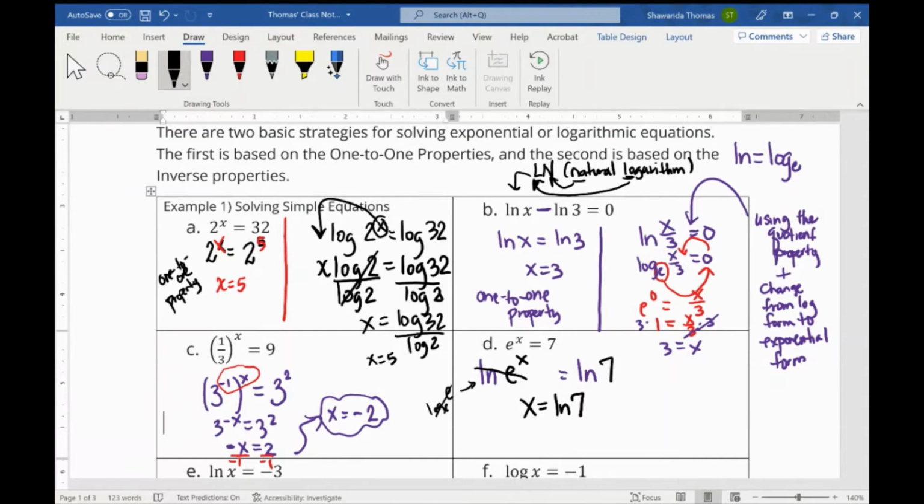Now, if the problem does not specify to approximate this solution to decimal places, you could possibly just leave it as ln 7, natural log of 7, or let's get your calculators out. If it says approximate, let's put natural log of 7 in the calculator. Let's see.